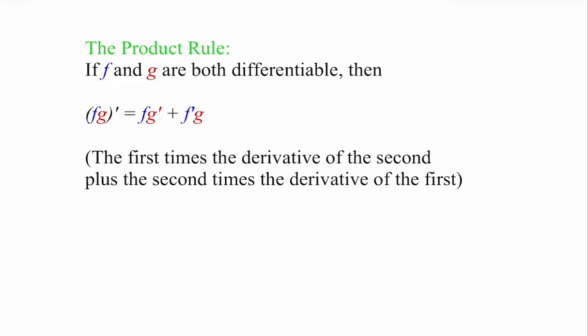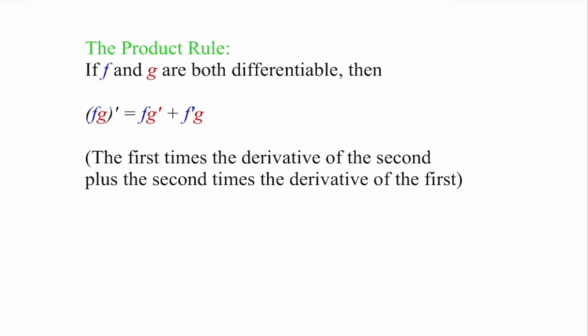We're going to have a product rule. We're going to have a quotient rule. We have to have them memorized. So I'm going to say the first times the derivative of the second plus the second times the derivative of the first a lot, but you're going to get it into your head that way a little better, okay? So please make sure you understand what the product rule is and what it allows us to do.